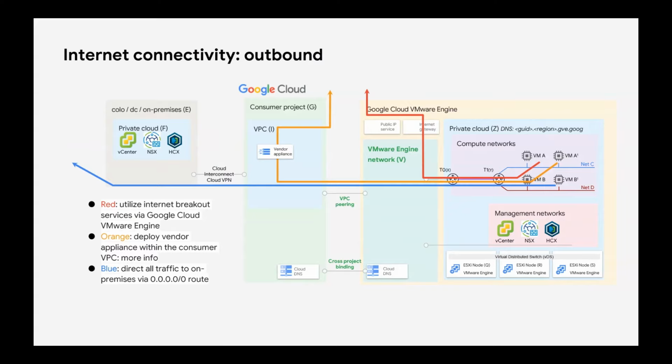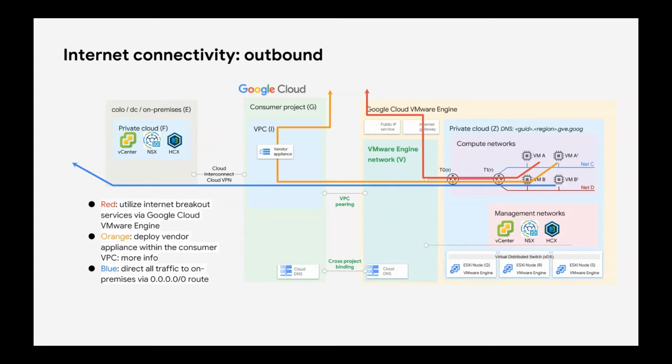This slide shows outbound internet connectivity. We have three different options. The red line depicts outbound traffic via the Google Cloud VMware Engine Internet Gateway service. The orange line depicts outbound traffic via the consumer VPC to a third-party appliance behind an internal load balancer.